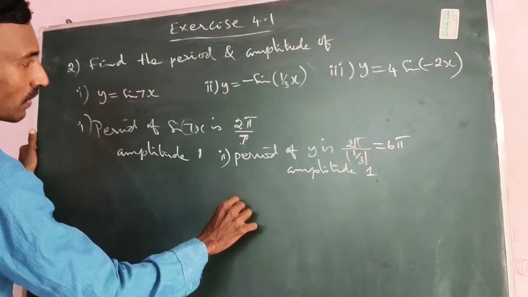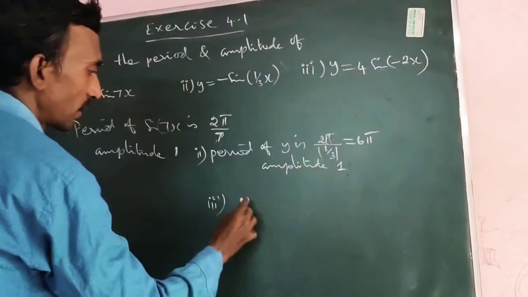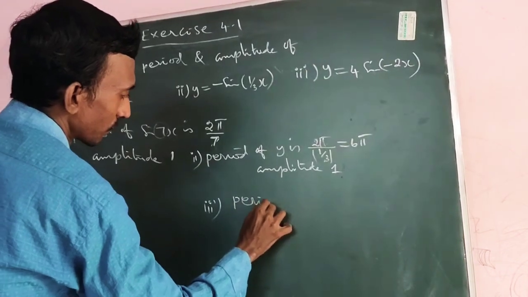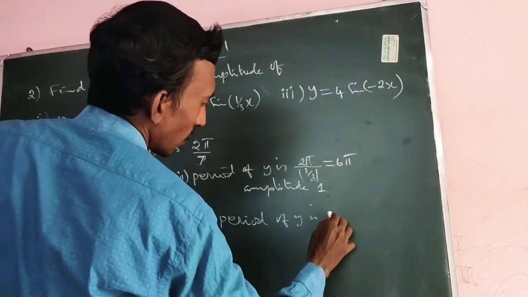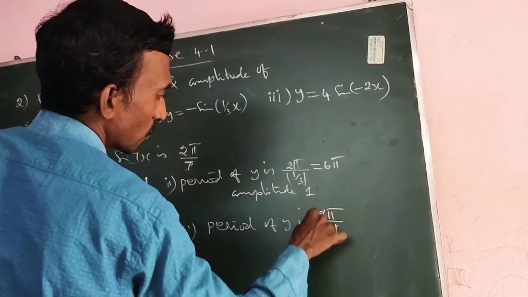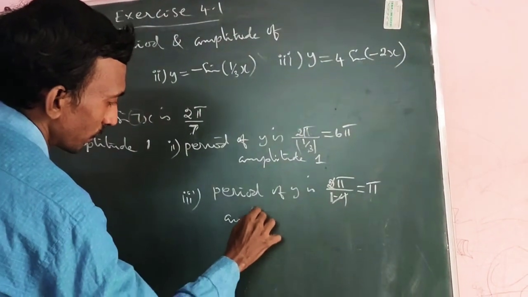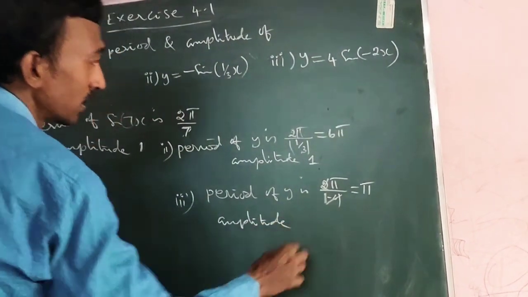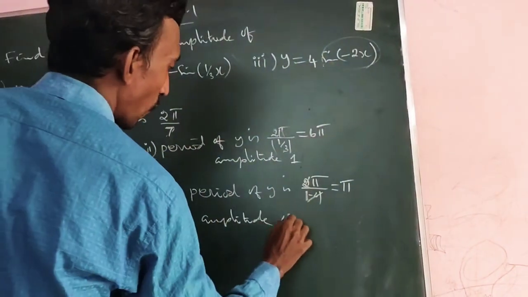Look at the third subdivision. Here minus 2x, so the period of y is 2 pi by modulus of minus 2, so it becomes pi. And the amplitude for the sine function is 1 into 4.